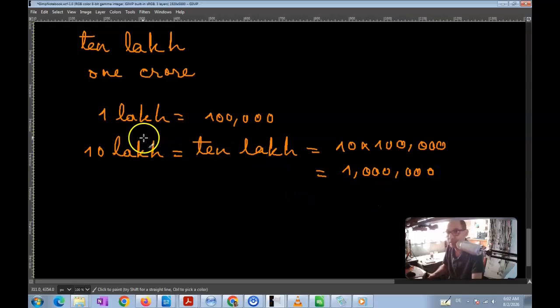Right? So that's 10 lakh. And of course you know that 1 million, or 10 lakh, is the smallest 7-digit number, right?